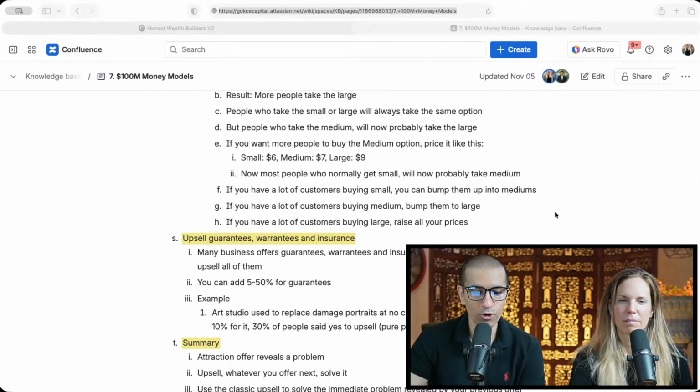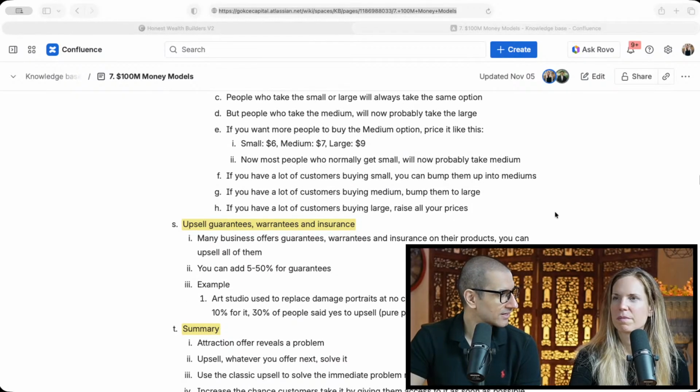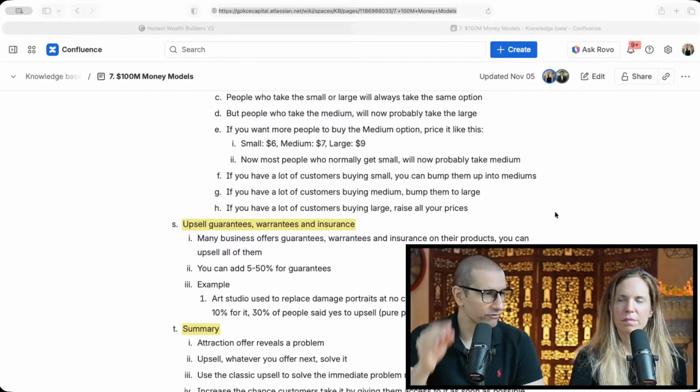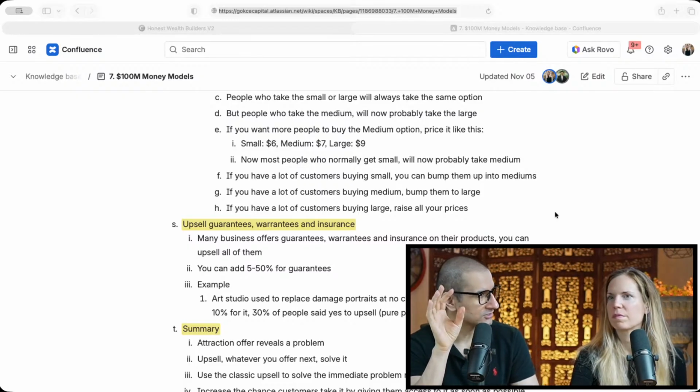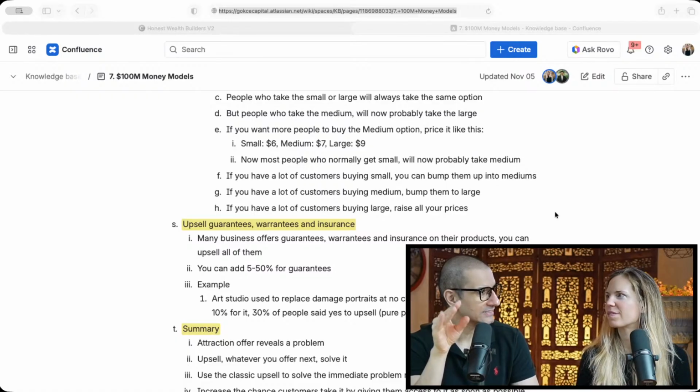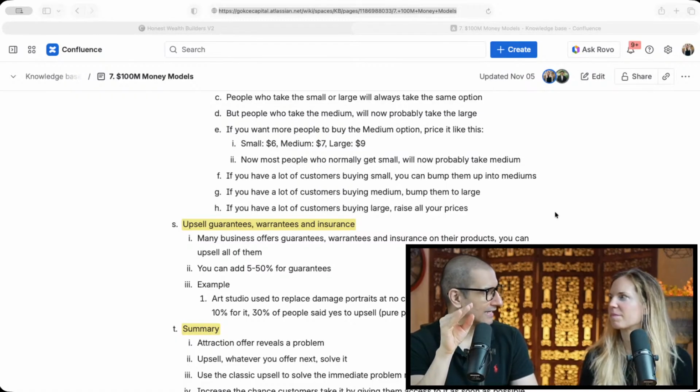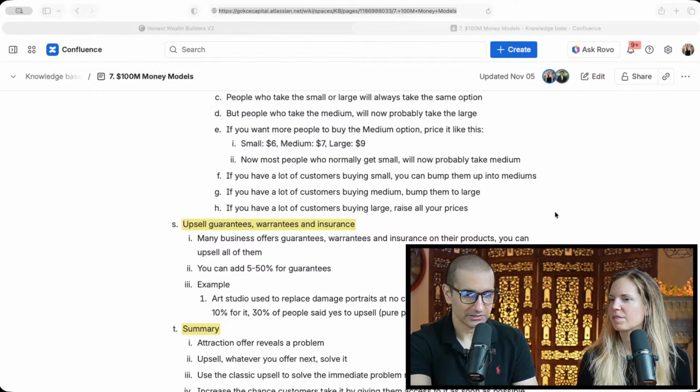Now, if you want more people to buy the medium, then you price it like this: small $6, medium $7, and large $9. Then more people will take the medium. If you run analytics on your customer data and you see that 70% of the people are taking the small popcorn, then you will implement a strategy like this: small 6, medium 7, and large 9.